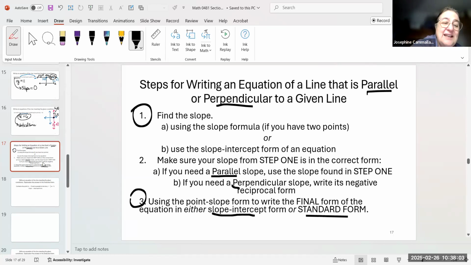But the key is you got to use that point-slope form to write the final form in whatever they ask you to do. Slope-intercept, standard form. Now, I will be honest, it's probably easier to show you than it is to tell you, but you always begin with the slope, because parallel and perpendicular algebraically are defining slopes.